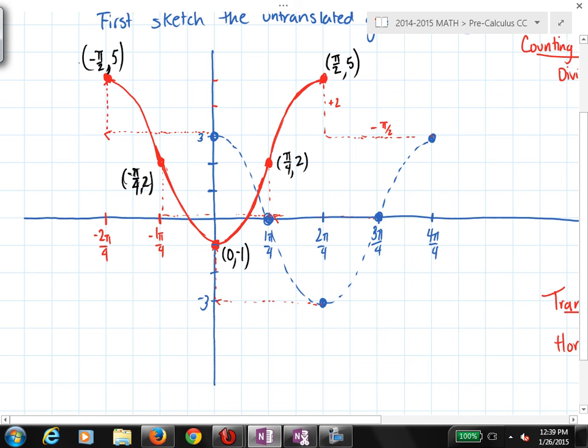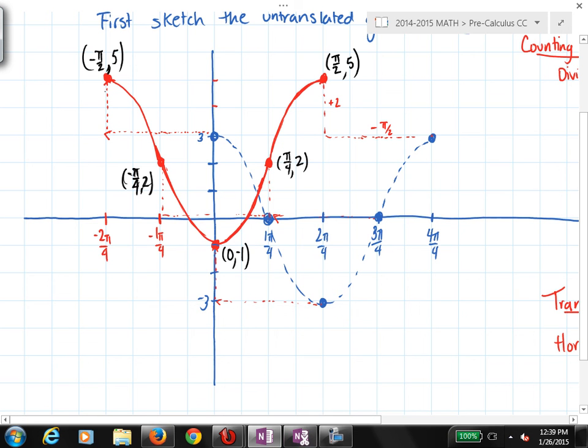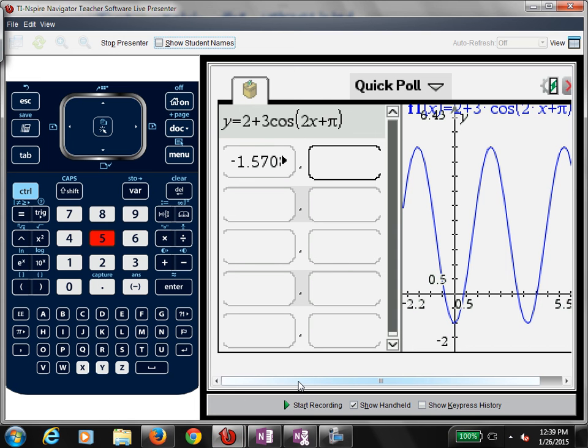I'm going to type in negative pi over 2, comma 5. So if I go back to the quick poll, I'm going to type in negative pi over 2. That's the x value. Then tab to go to the next box. Now I have to give the y value, which in my sketch is going to be 5. So I'm going to type in 5.